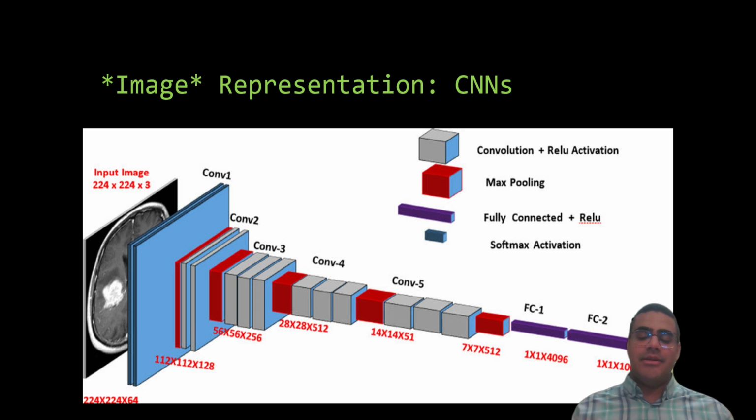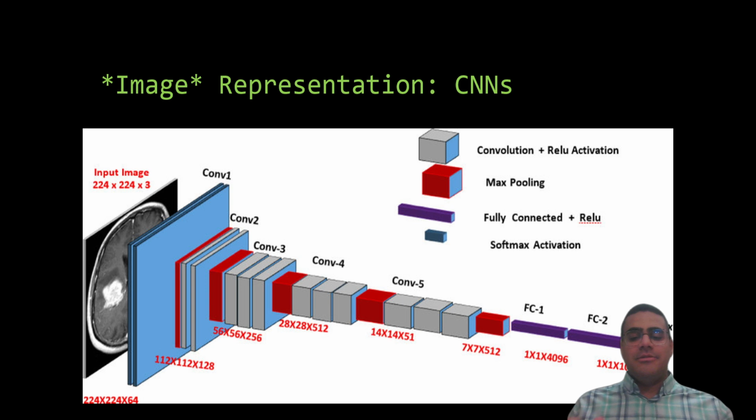Let's start with representation. For example, if you want to represent an image, the very famous way of encoding an image or representing an image is to use CNNs, or convolutional neural networks, which have a bunch of convolution and max pooling, or average pooling, or different kinds of pooling layers.